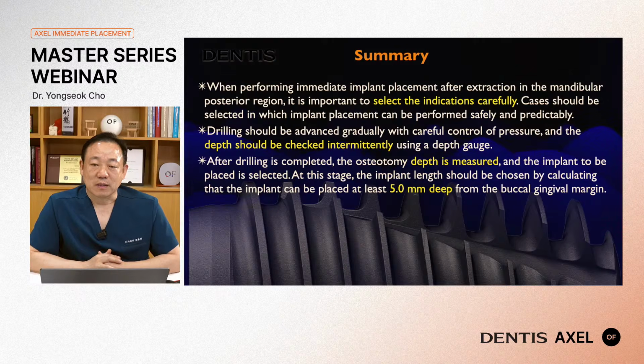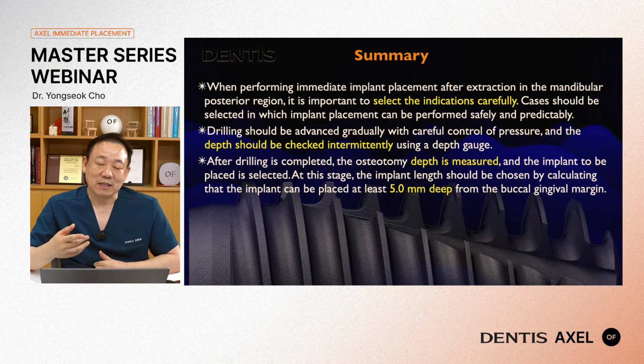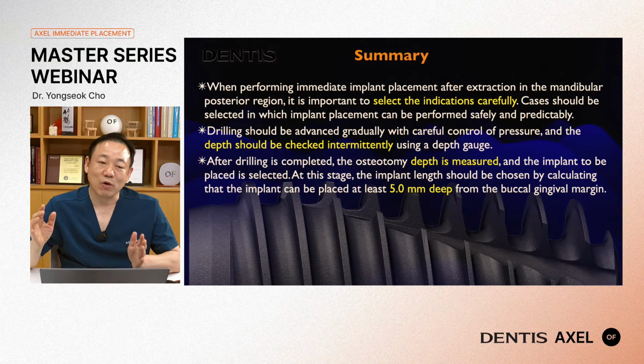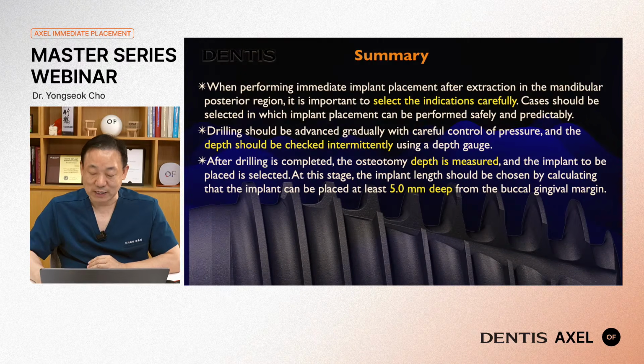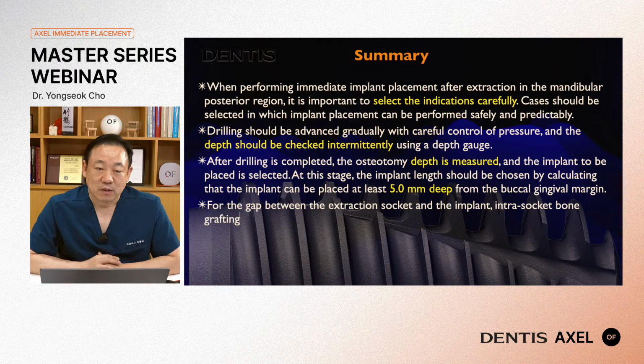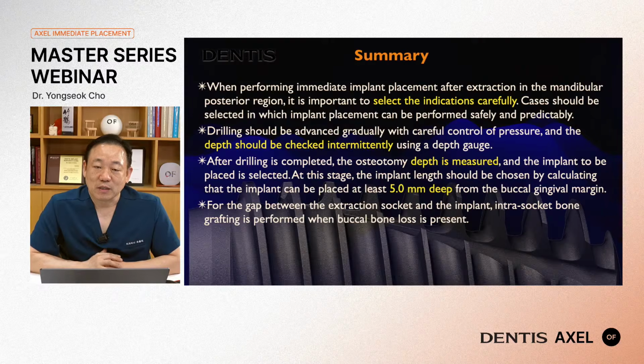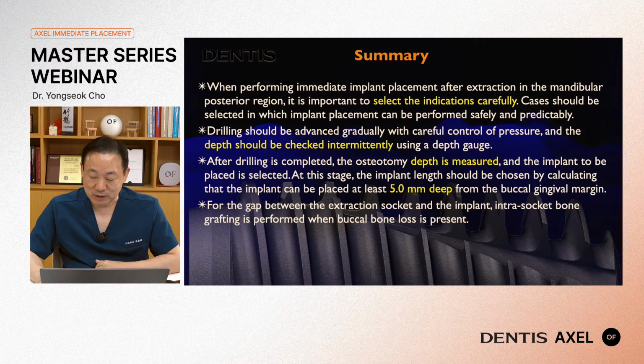So, temporarily, we can imagine how long an implant can be placed. However, the final decision should be made after measuring the depth of your osteotomy site. For the gap between the extraction socket and the implant, intra-socket bone grafting is performed when buccal bone loss is present.